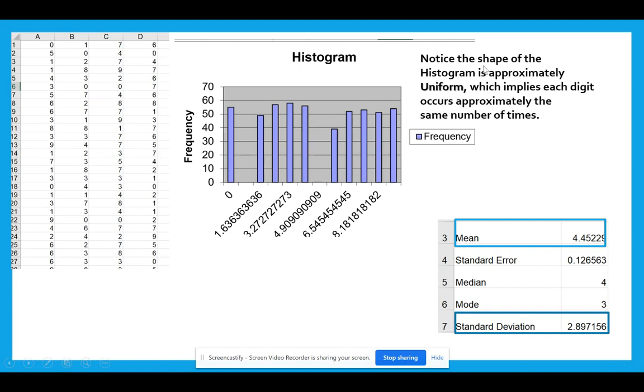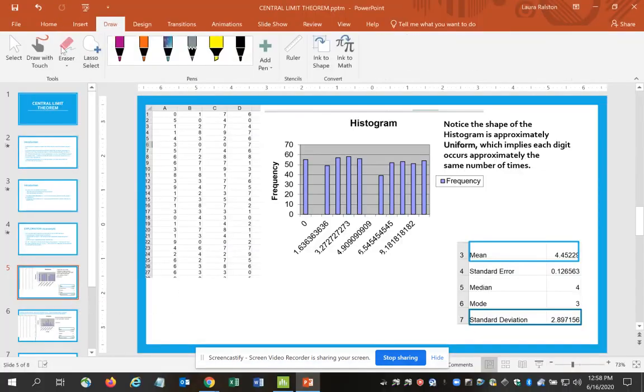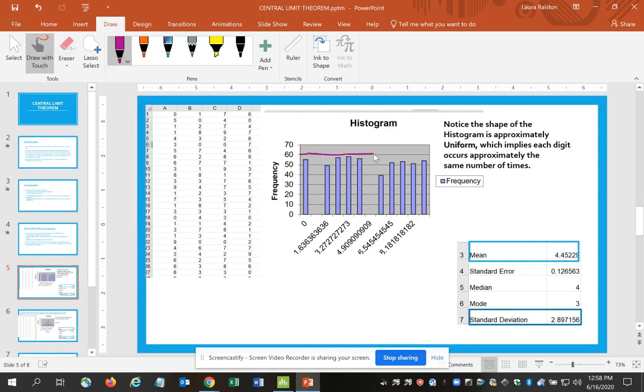But notice that the shape of this histogram is approximately uniform. If you'll remember, and I'll kind of draw it in there for you, early on when we talked about the different distributions, one of them that we talked about was uniform, where basically it looks like a rectangle.